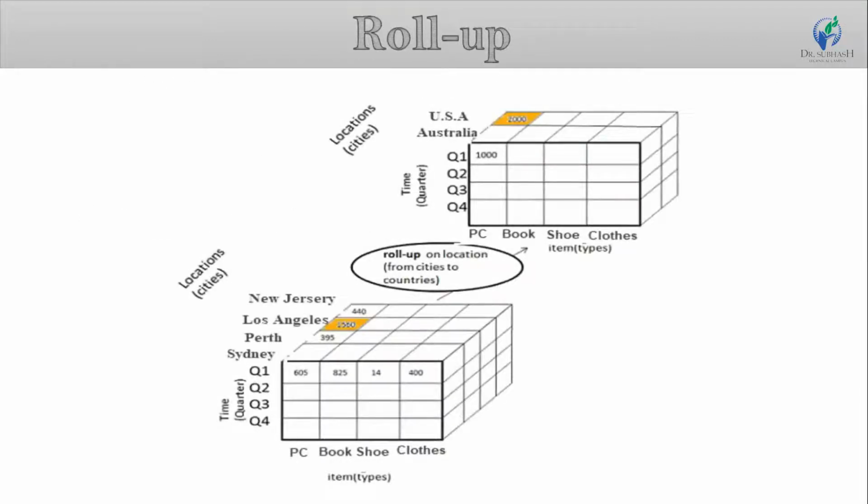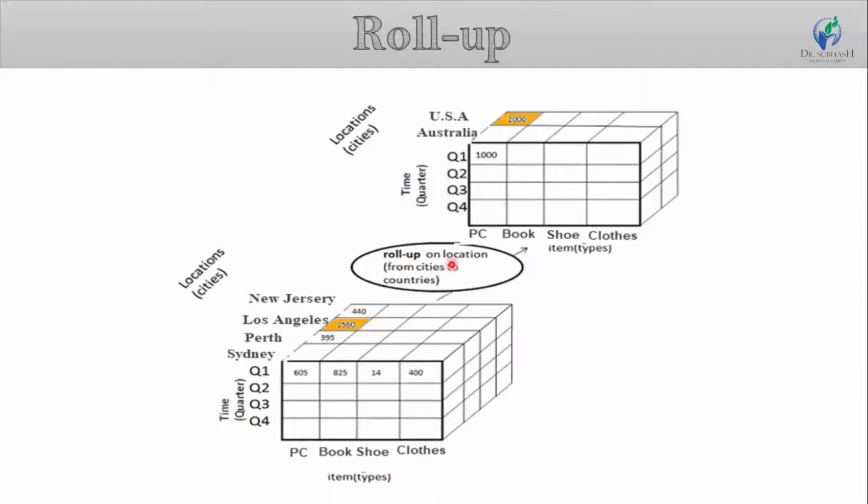Now, consider this diagram. In this example, the cities New Jersey and Los Angeles are rolled up into the country USA. The sales figures for New Jersey and Los Angeles are 440 and 1560 respectively.